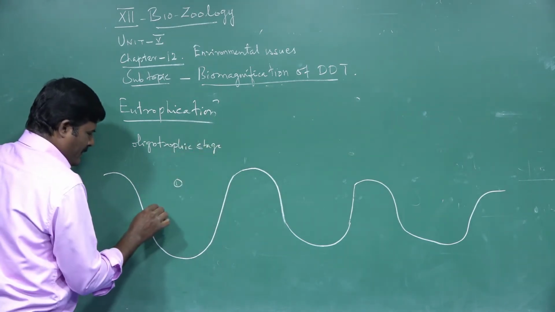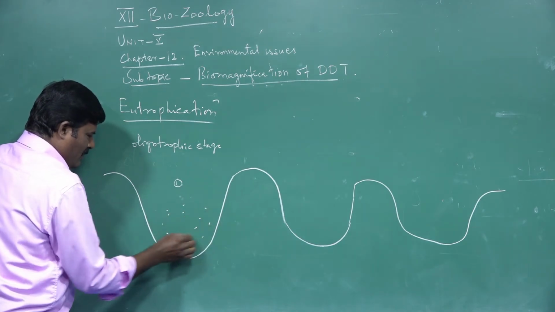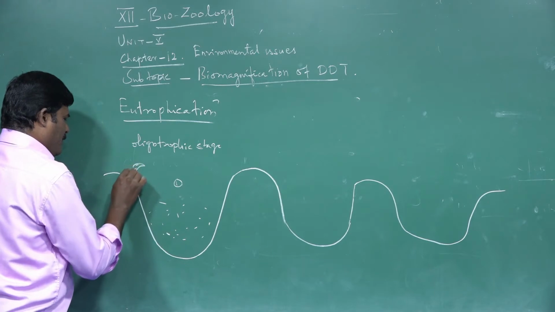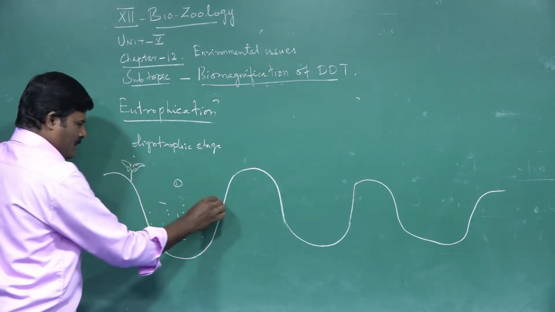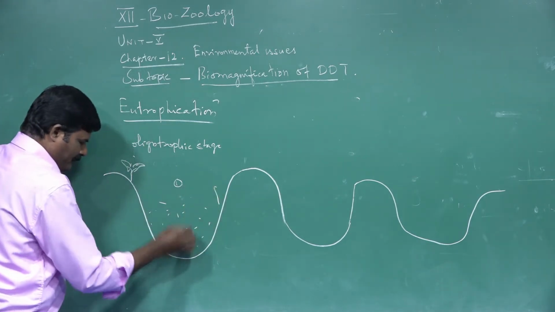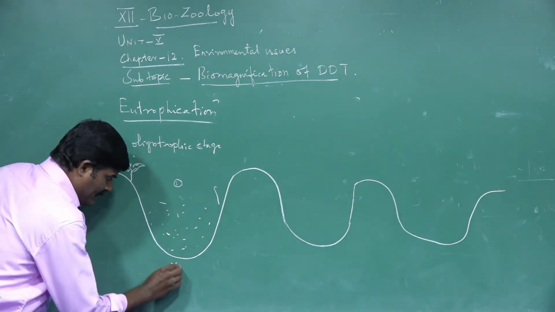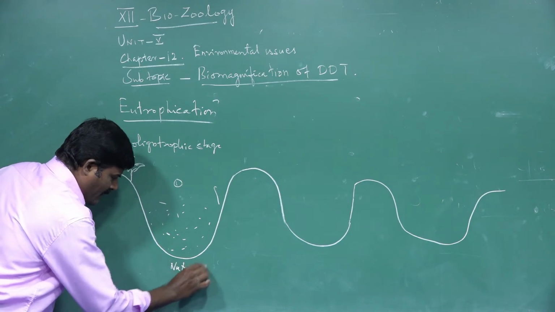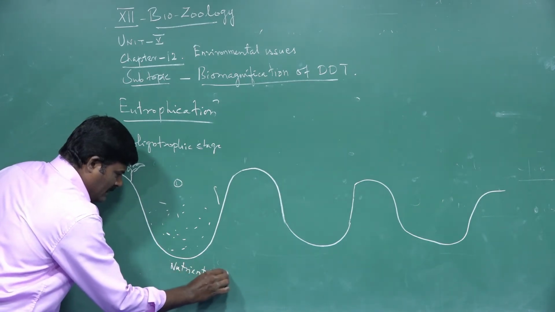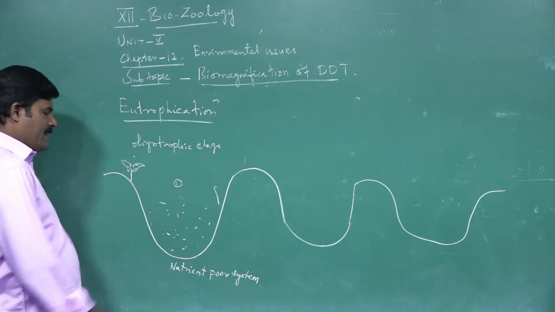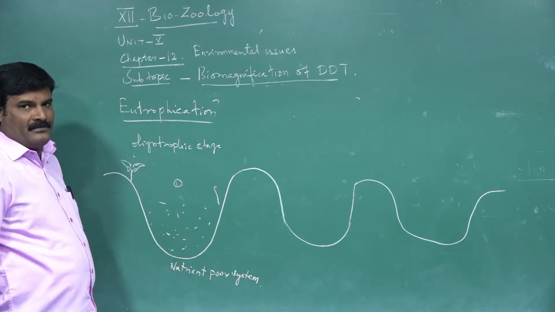Here, these are the water bodies, with accumulation of many organisms. This is the lake bottom. This oligotrophic stage is a nutrient poor system, because it supports little plant life.